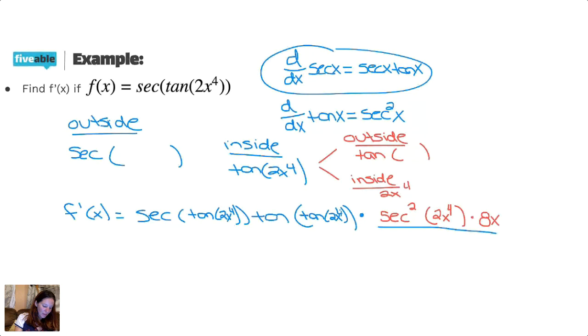We could clean this up a little bit, not a whole lot. Usually we're going to put the 8x out front. There's not very much we can clean up here, right? They're all just trig functions. The order doesn't really matter. Should it be 8x cubed? Yes, it should. Thank you.